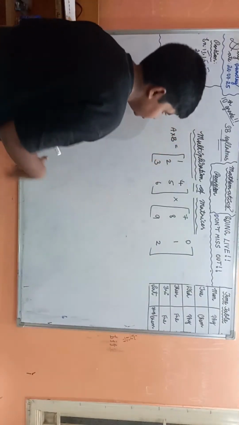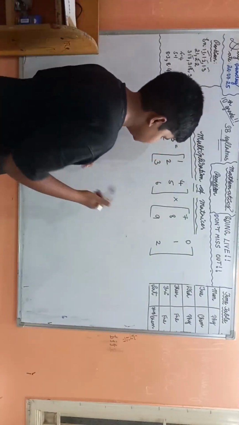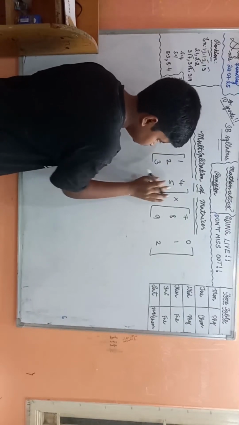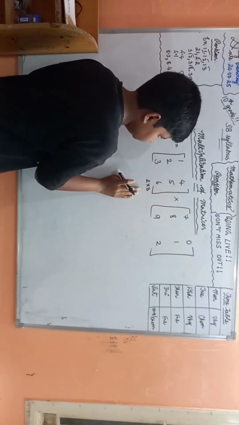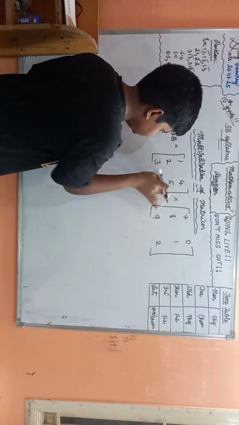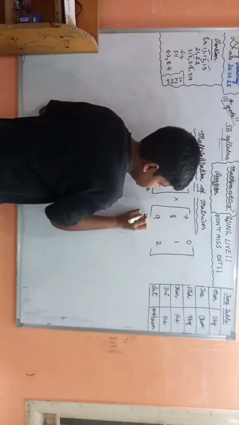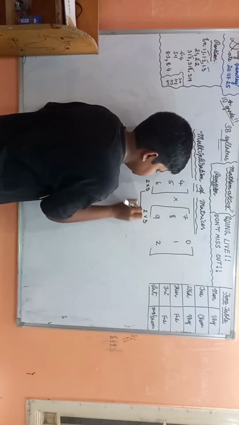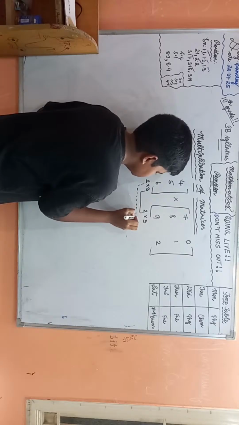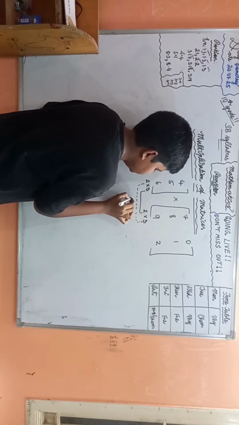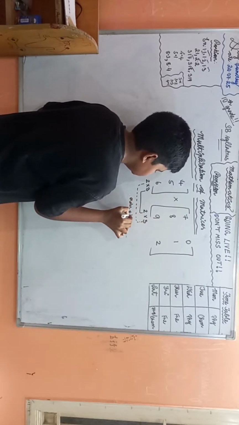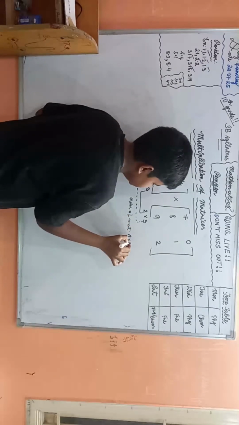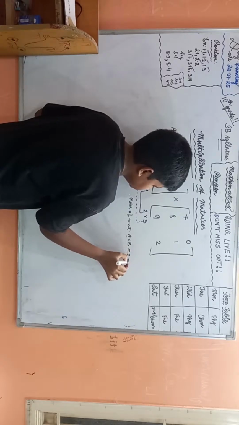Okay, this is actually not possible because look guys, 2 rows and 3 columns, also 2 rows and 3 columns. So order of matrix A into B, is 2 equal to 3? No.